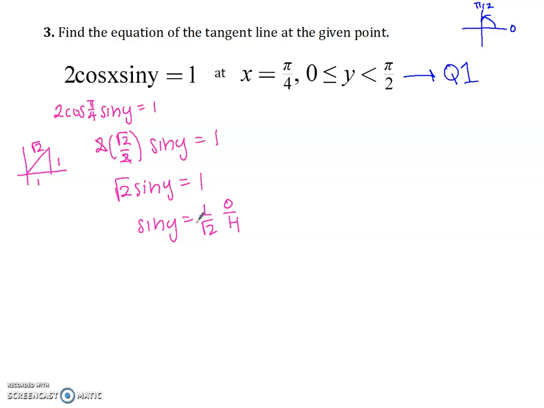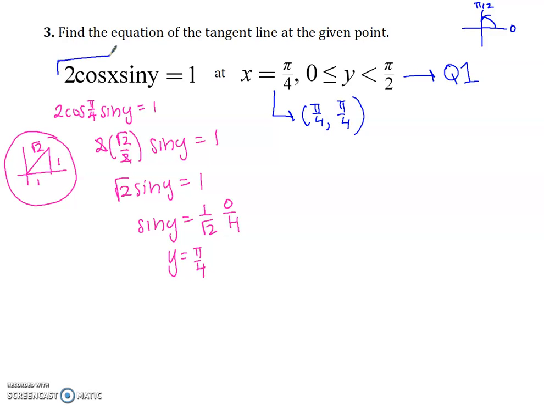So my opposite would be 1, my hypotenuse would be root 2, so it would be this same angle right here. So in this case, y is also pi over 4. So then that's going to make this ordered pair pi over 4, pi over 4.